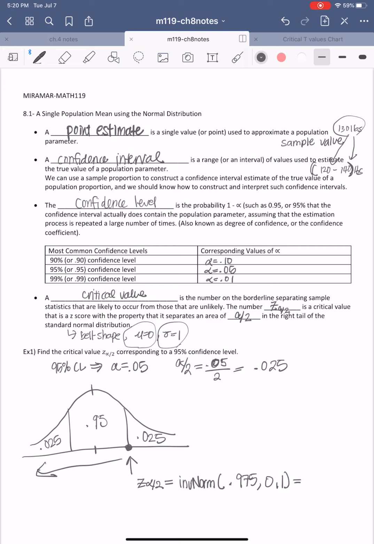So you put 0, 1, put that on the calculator, I get 1.96. Okay, so that's what the critical value is. So I'm going to create another column called critical value, because we will be using the critical value to build the confidence interval, and then write it over here. So we got the 95% as 1.96.